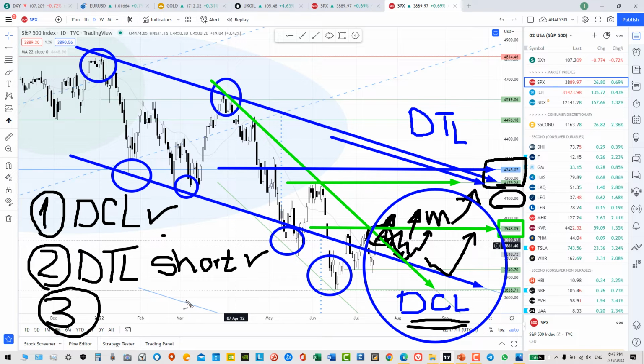And so let us write the third condition required for a healthy correction to take place is the break of the short-term resistance at around 3,950. So these are the most important 3 conditions required for a healthy correction.